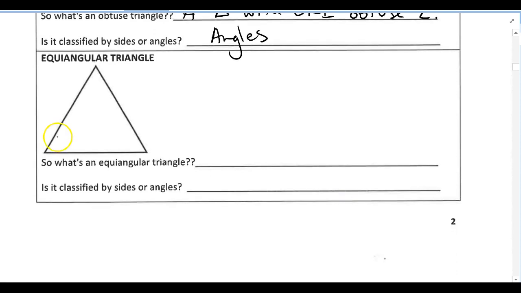And then our last one here, we have an equiangular triangle. Okay, so equiangular, I've got these three angles here, and they are all going to be congruent. So this is a triangle with three congruent angles. So as a side note, this is also an acute triangle.